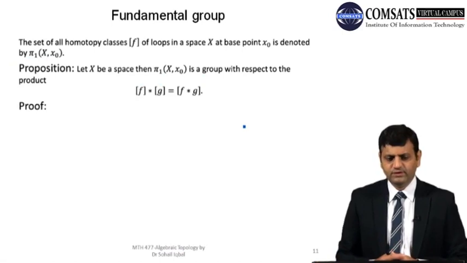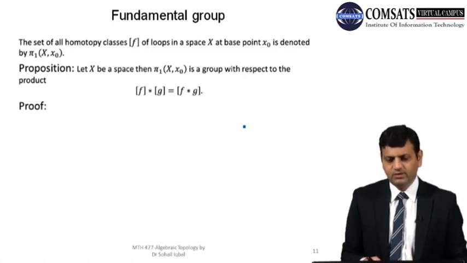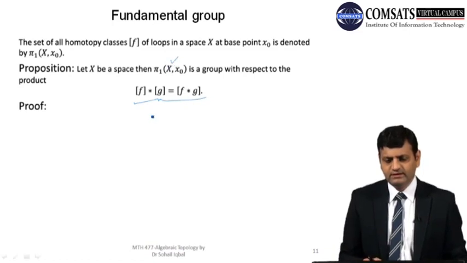So let's prove this proposition. We have a collection of path classes and the base point of all those path classes is x naught, and that's the operation inside this set, and we want to show that this set under this operation is a group. First of all we need to show that this operation is well defined.